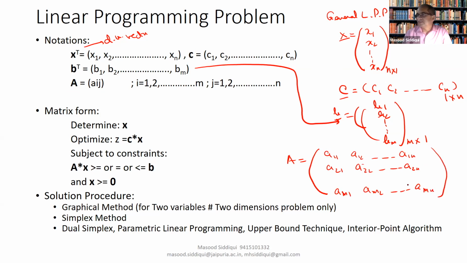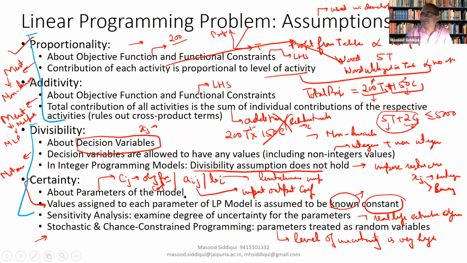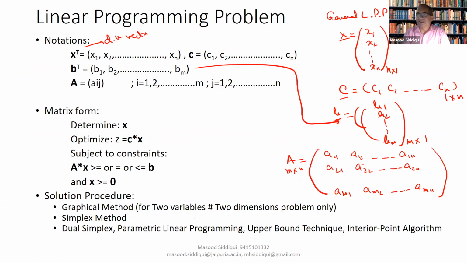So this matrix is of order m cross n, with elements aij. Right? So this is the A matrix. From this, we have developed the A matrix.